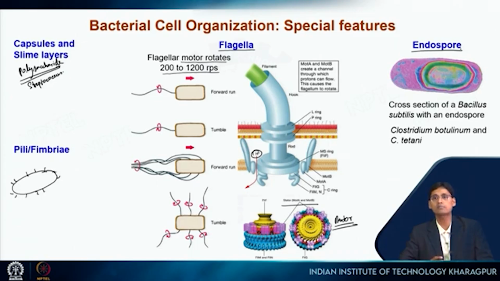And many chemical substances, like most disinfectants we generally use, cannot really kill the endospore. It is very resistant. This is present in some bacteria like Clostridium botulinum and Clostridium tetani, which causes tetanus. And Clostridium botulinum produces botulinum toxin, which is a very, very potent toxin. As a result, it is very challenging to take care of the endospore problem, right?